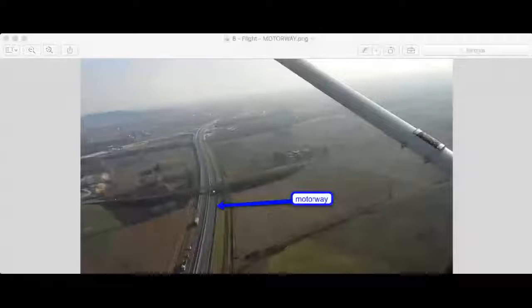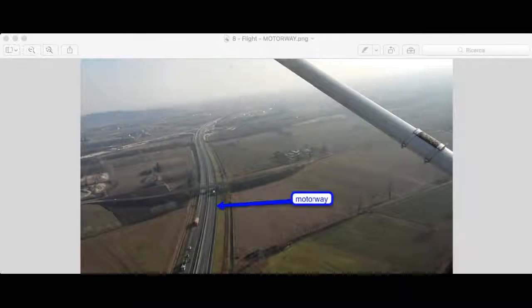The motorway is a very fast road. I haven't labeled it, but there's also a bridge going over the motorway so that the fields and the villages and towns on the left and on the right can be connected. So motorway or highway, as opposed to a normal road, a main road or a secondary road.